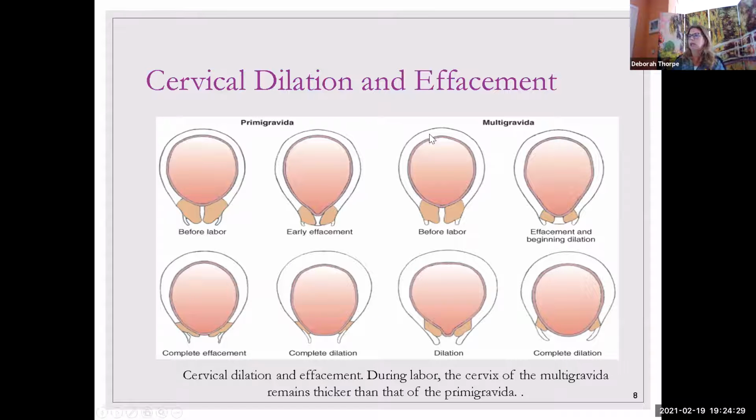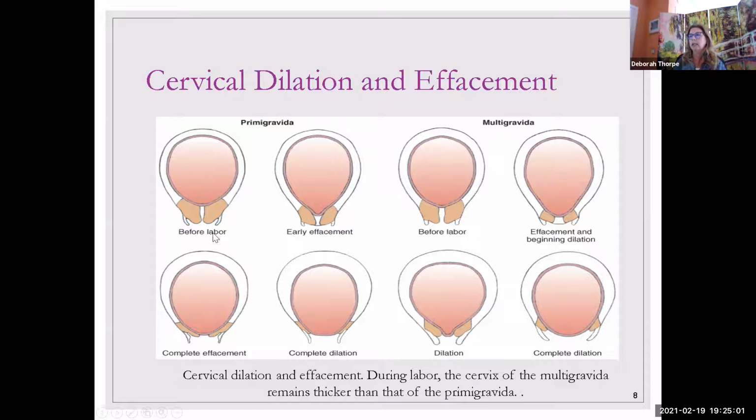This is a good indication, and I don't know if they talk about Bishop's score. Did they talk about Bishop's score in the ATI books? Do you remember? Yeah. So with the Bishop score, basically part of the score is scoring the cervix.